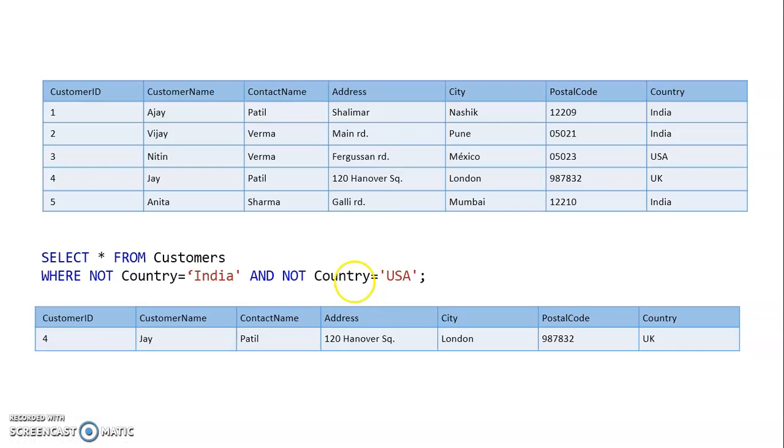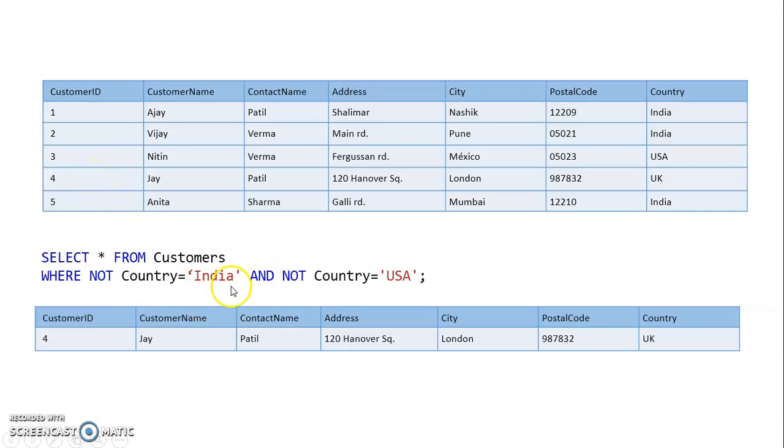Next, here we are using the NOT operator and the AND operator together. See here, SELECT star. We are fetching all the columns where NOT country equal to India. From the first condition, they will skip the records of India, so we skip the first, second and fifth records. Only the third and fourth will be acceptable.